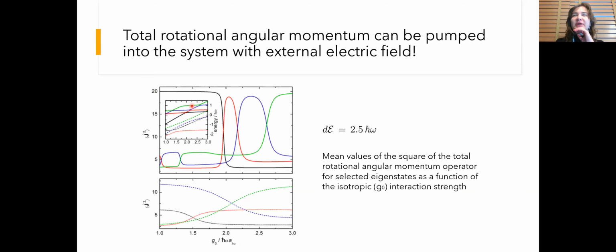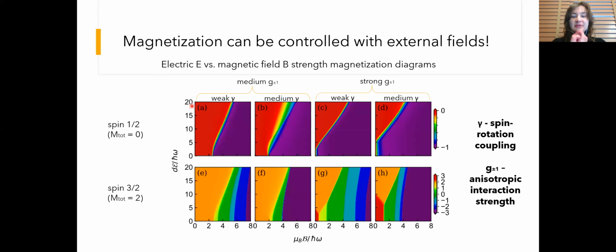And if we look at the magnetization of the system, the sum of the projections of the electronic spins of both molecules, we can draw the magnetization diagrams and analyze how these properties, anisotropic interaction and spin rotation coupling, impact the response to external fields.